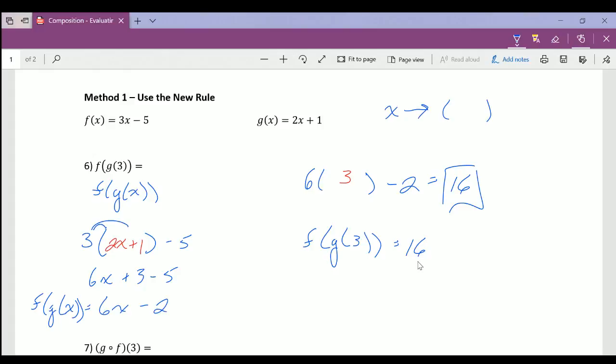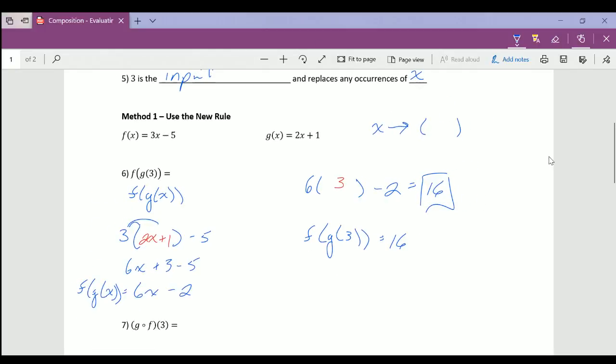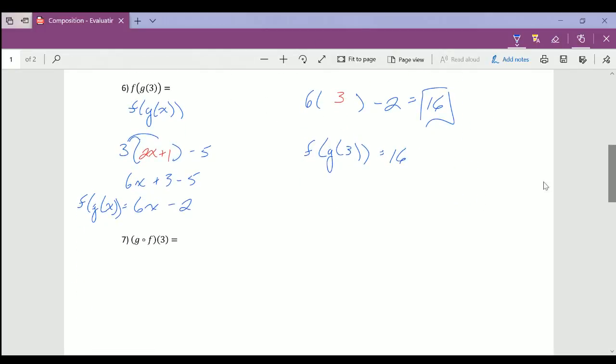So that's that one. Just to be consistent, I do have the reverse going on down below. It says g of f of 3. If you're not a fan of this notation, you can go ahead and rewrite it at any time: g of f of 3. You really are doing the same exact thing.